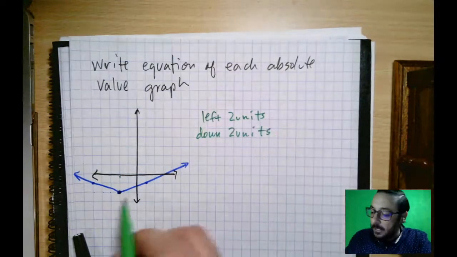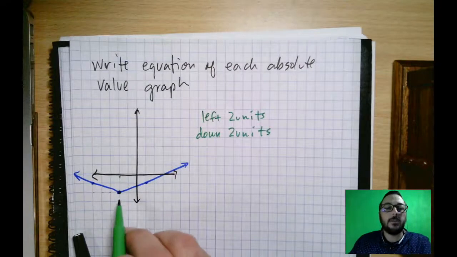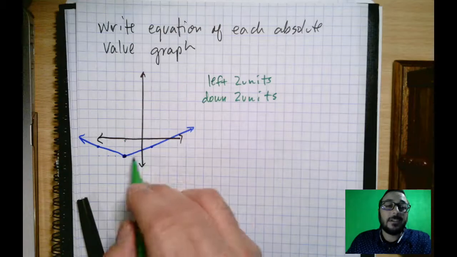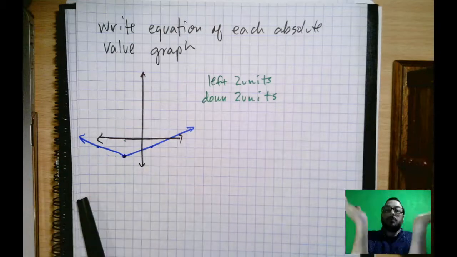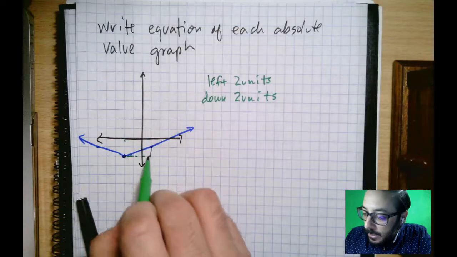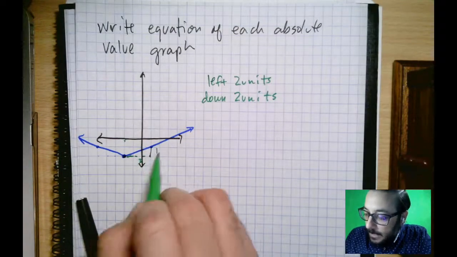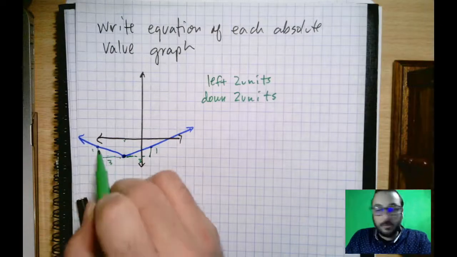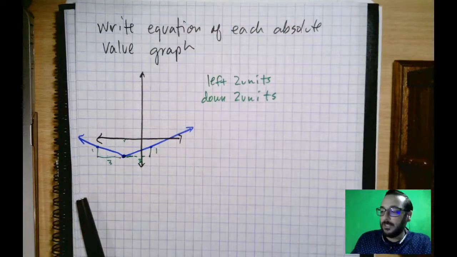And then let's look at the slopes of the sides. The slopes are going to help tell us what our transformation is. We can tell this is a compression, because that V has been flattened out. So let's take a look. If I go 1, 2, 3, over 1, that's rise over run of 1/3. Same thing over here. So if you just look at the slopes of the sides, you can get that compression.